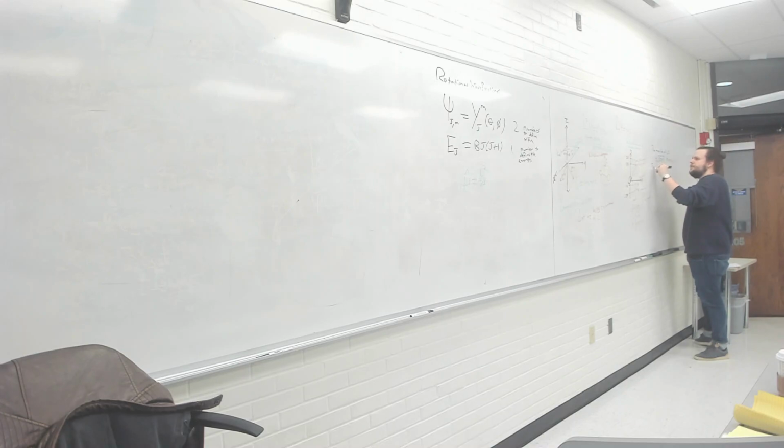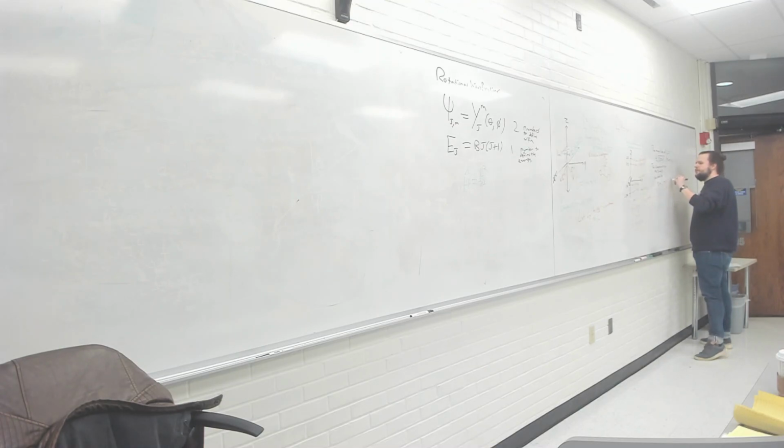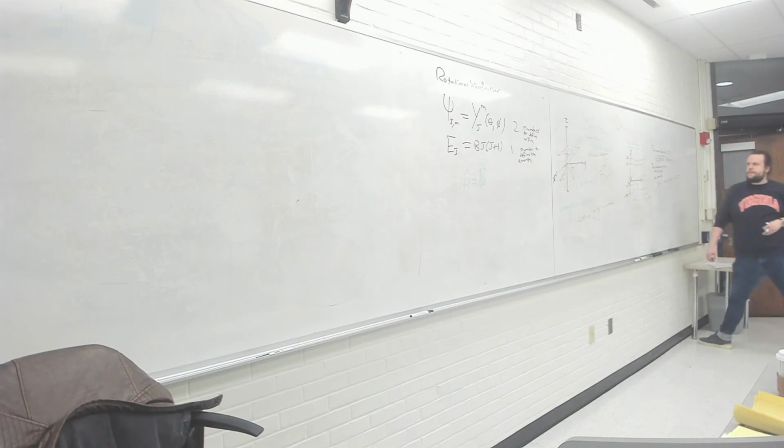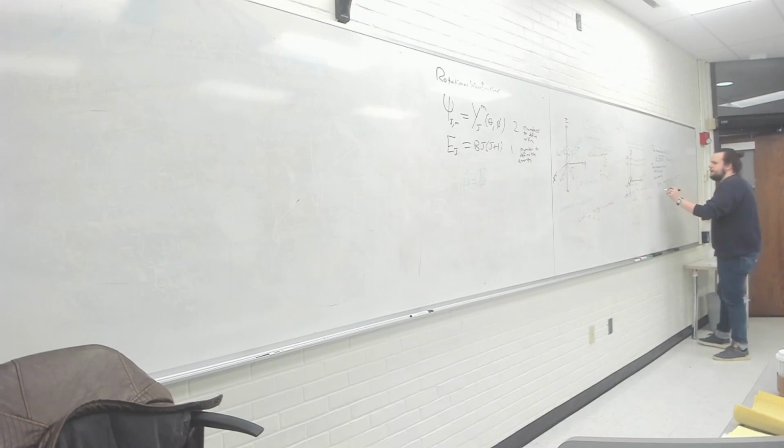And the direction with respect to the z-axis can only be h bar m, where m is equal to minus j, minus j plus 1, dot, dot, dot, j minus 1, to j. There are 2j plus 1 of these.